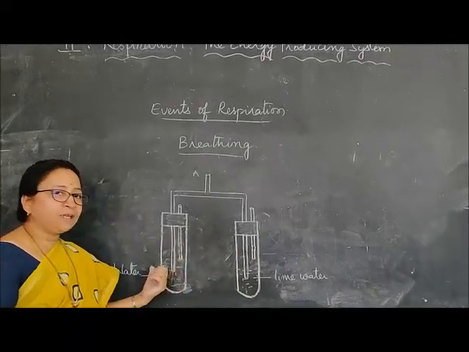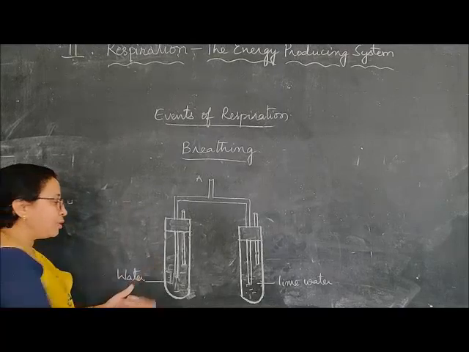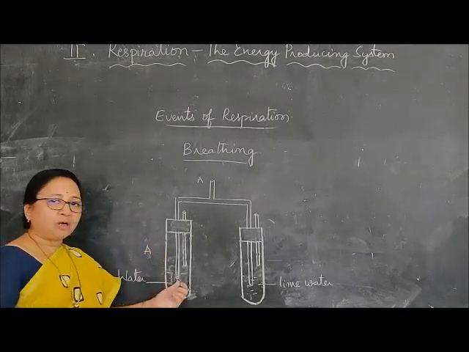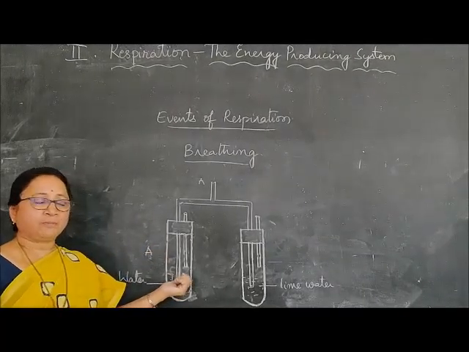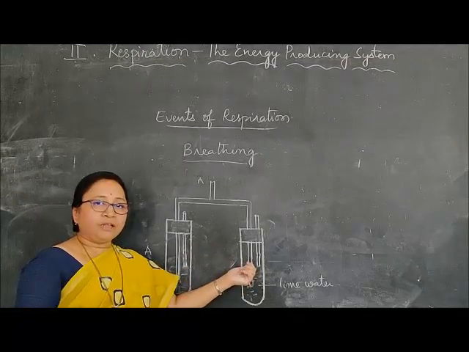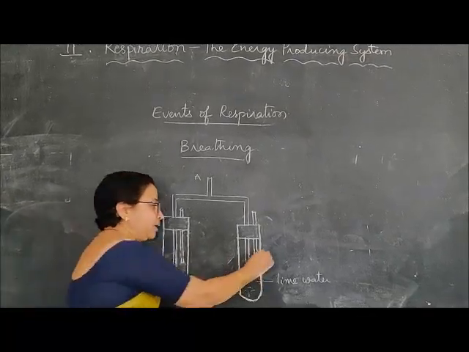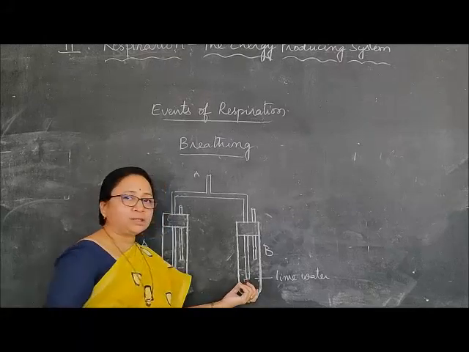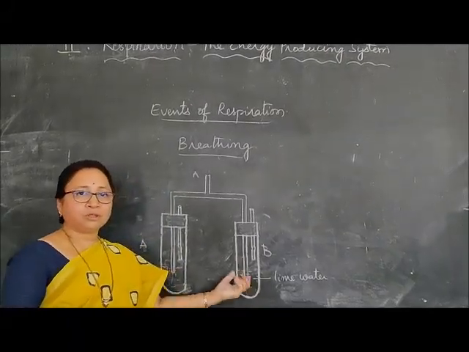You do not find any change in test tube A because the water does not change. And when the air is blown in test tube B, the lime water turns milky.